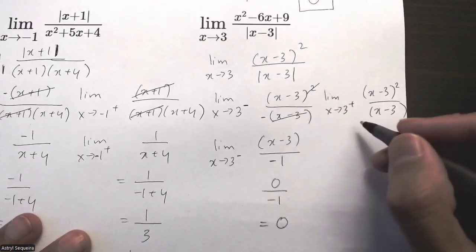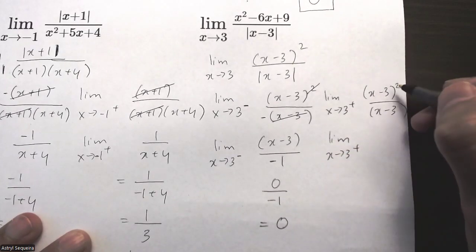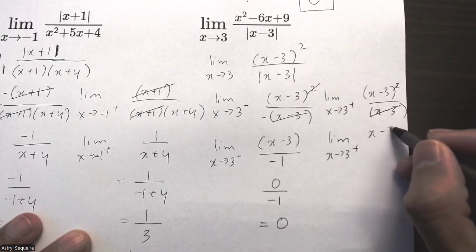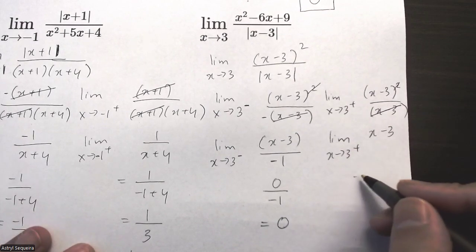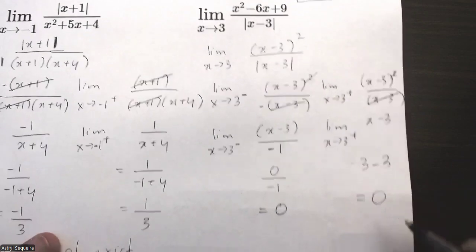Let's do the positive side limit. Can cancel this square and this x minus 3. So I'm just left with x minus 3 over 1, which is x minus 3. I can sub in my limit. That's just 3 minus 3, which is also 0.